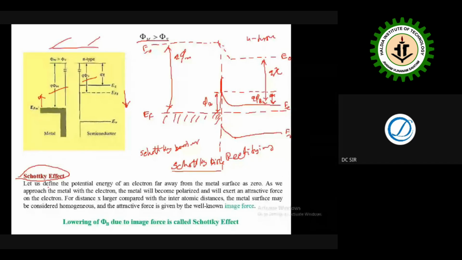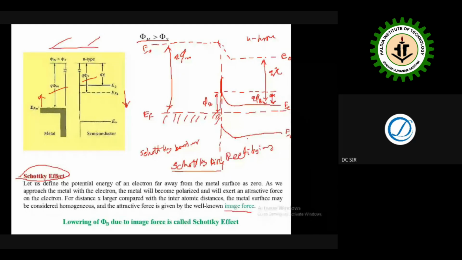As we approach the metal with the electron, the metal will become polarized and will exert an attractive force on the electron for distance x larger compared with the interatomic distance. The metal surface may be considered homogeneous and the attractive force is given by the well-known image force.